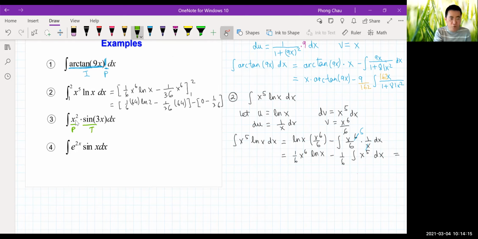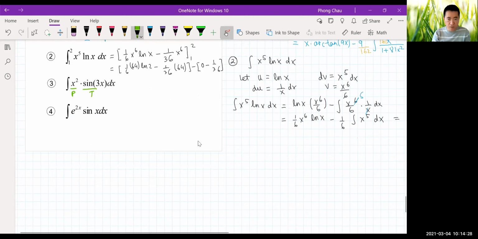Well, of course, you let u be x squared. But notice that in number 3 there's a squared, so you might have to use integration by parts twice. But for number 3, we're going to do the shortcut.